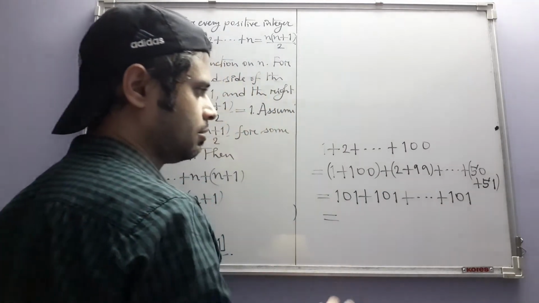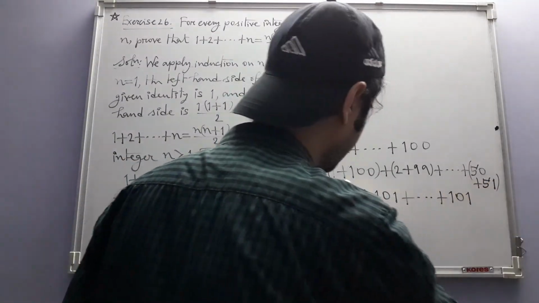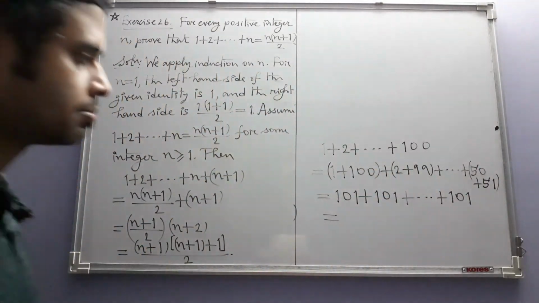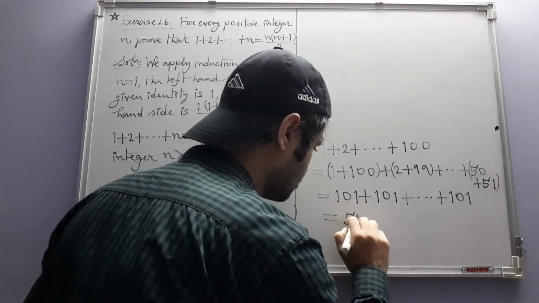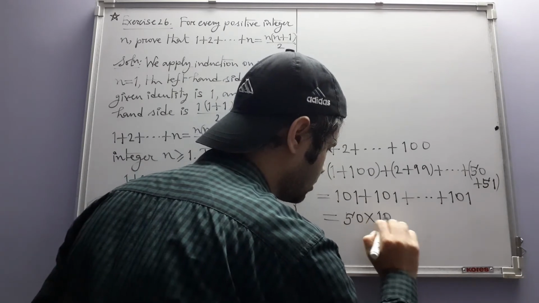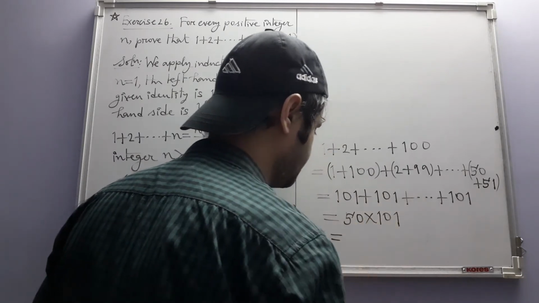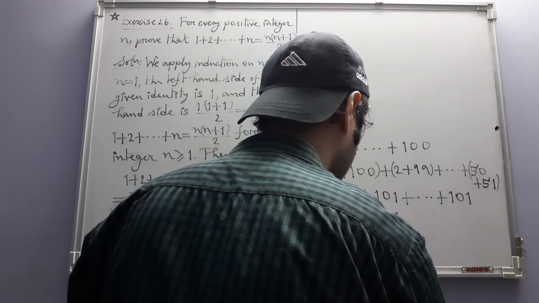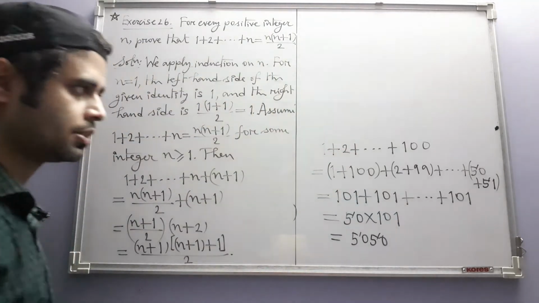And if you calculate these terms, there are 50 terms. So this is 50 times 101, and that is equal to 5050.